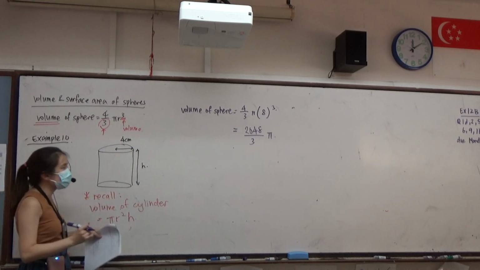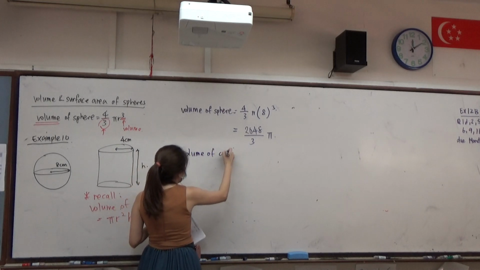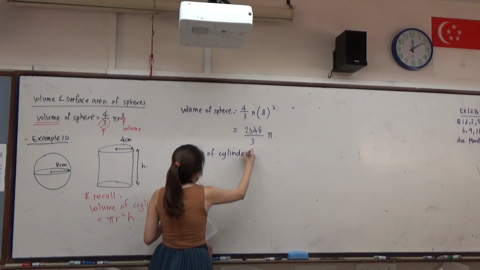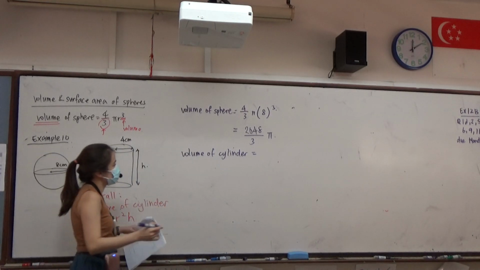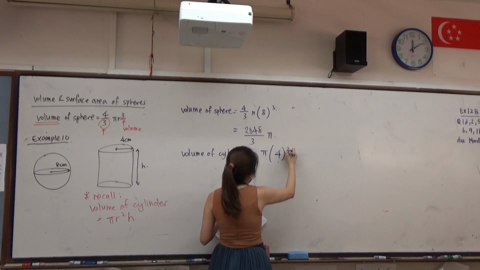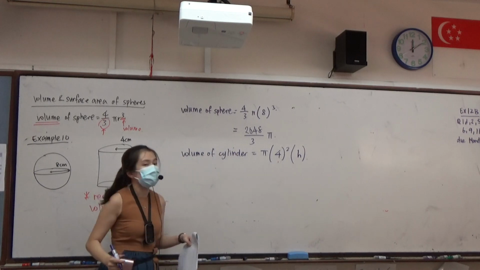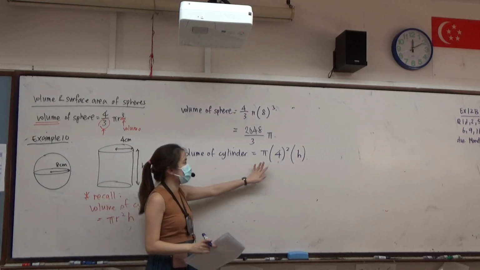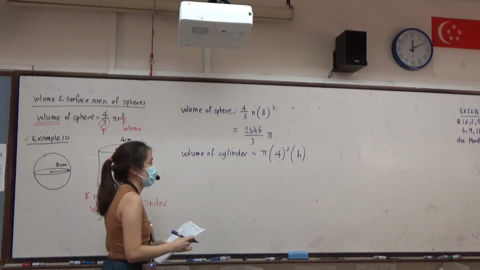So let's find the volume of the cylinder. Using the formula for volume of a cylinder, we get pi times the radius 4 squared, and then h. If I want to write this in terms of pi, what would I have?